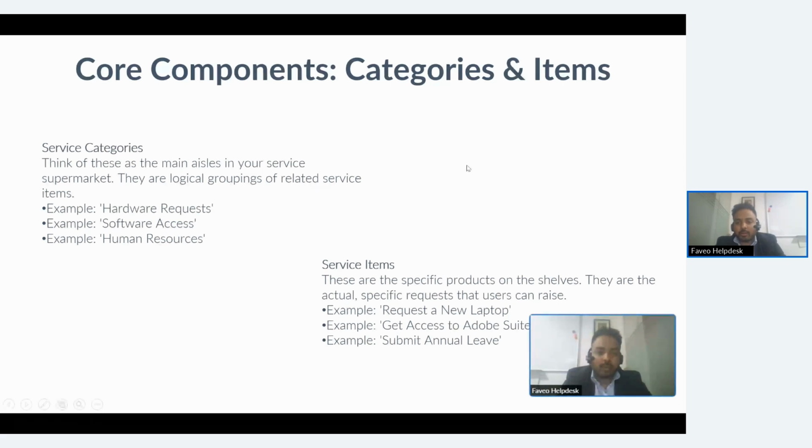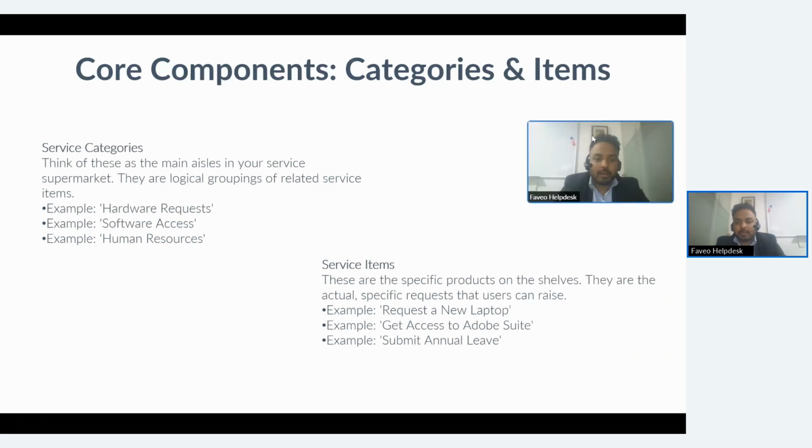And what are all these service items? These are the specific products on the shelves. They are the actual specific requests that a user can raise. That means hardware request is the service category, and request a new laptop is the service item inside that particular hardware request.